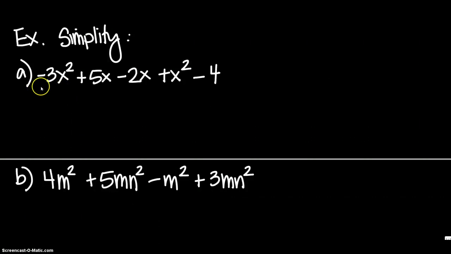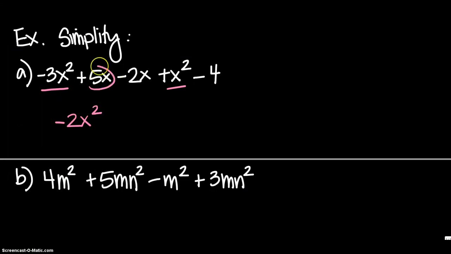So for example, let's simplify this, a and b. I'm going to underline the like terms. So 3x squared and x squared, negative 3x squared and x squared. I can add those two together because they're both x squared. And I am going to put these in a certain kind of order just because it looks more beautiful that way. It's important that you put them in exponential order. So negative 3 plus x, which has an invisible 1 in front of it, is negative 2x squared.